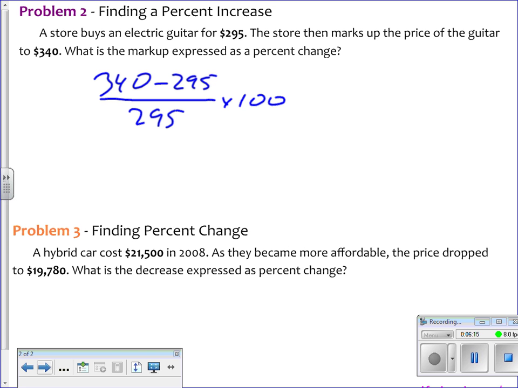It's the smaller one if we're doing an increase. So they're doing about a 15.3%, rounding it off. So they're doing about a 15% markup.